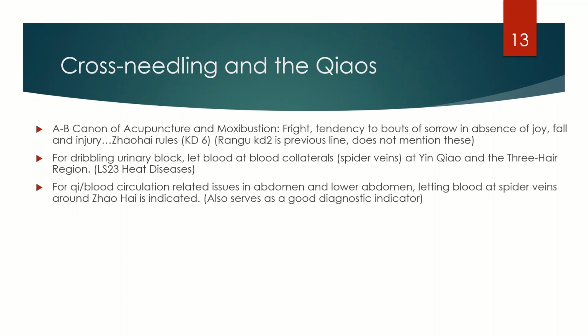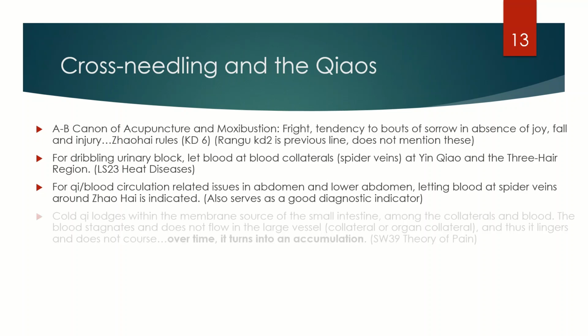If we see spider veins in this area, we can think, okay, maybe there's some sort of issue with the circulation, especially given what we know about the function and the pathomechanism of the Yin Qiaos, where they seem to manifest in disease when you have some malfunctioning of the circulation of Wei Qi into the abdomen. So it all kind of comes together.